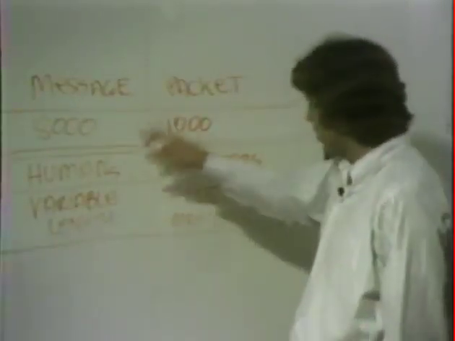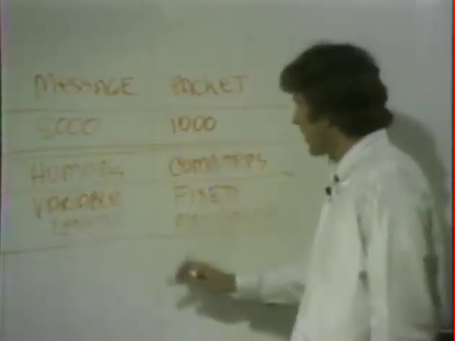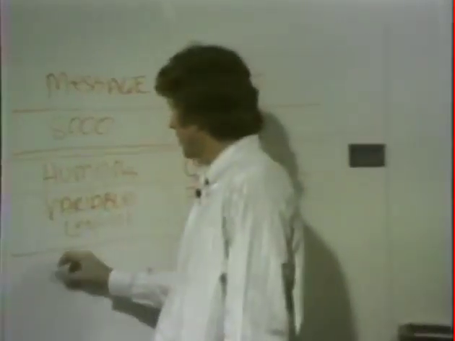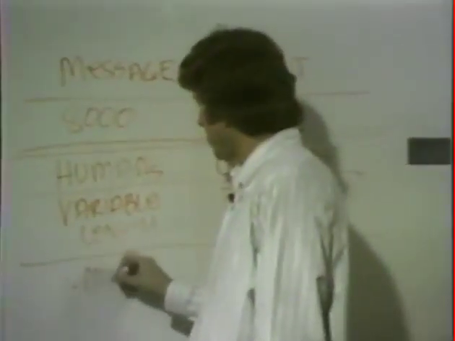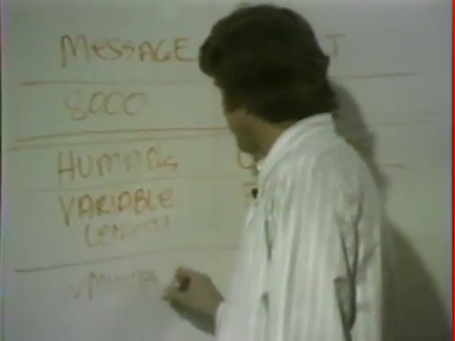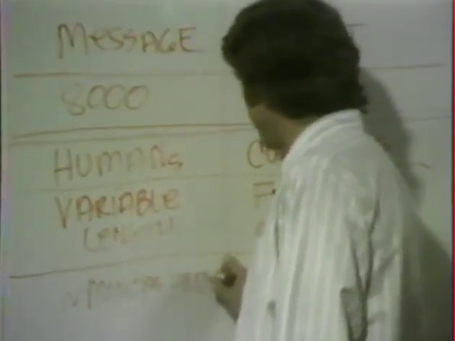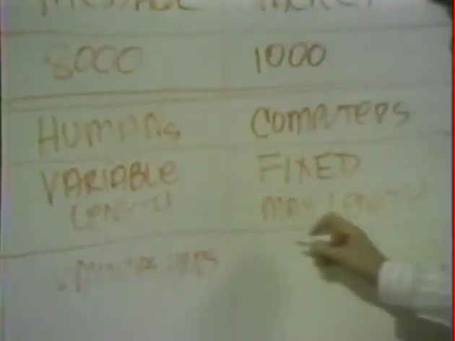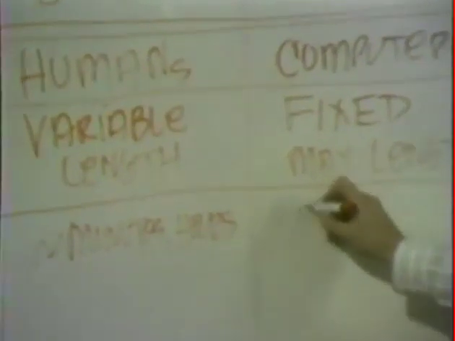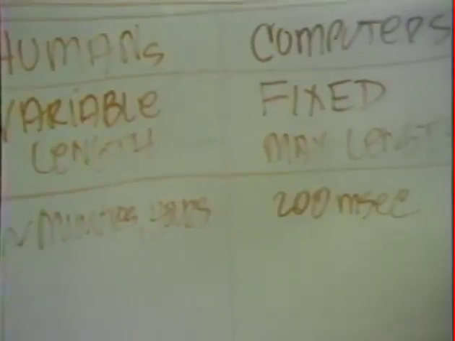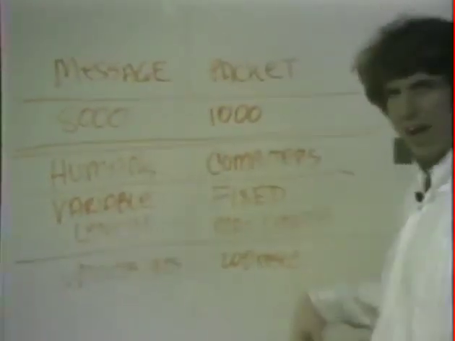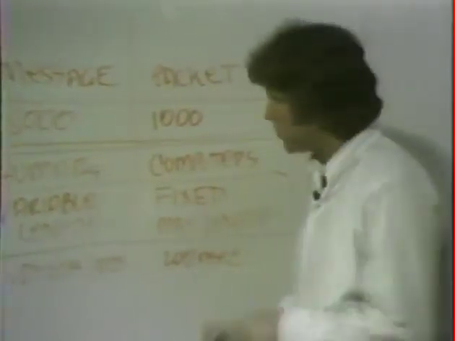Another parameter which often distinguishes the words message and packet is that messages are generally delivered in minutes and hours, if not days, whereas packets tend to be delivered in milliseconds. In fact, 200 milliseconds is a number used for the ARPA network. So look out for these two words, message and packet, and here's an attempt on my part to characterize how they tend generally to be used.